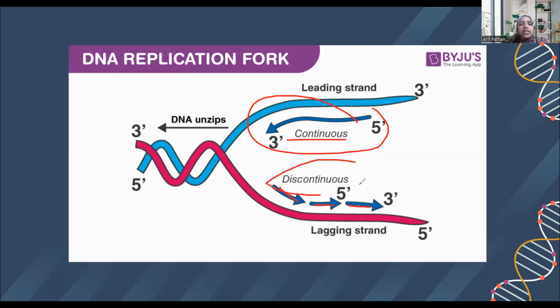That is why it is known as discontinuous. This was discovered by a scientist known as Okazaki, and he found out that of the two new daughter strands made from the template strands, one strand is made continuously without any break, and the other strand is made in parts. That is known as the lagging strand, and the one which is made in one go is the leading strand.